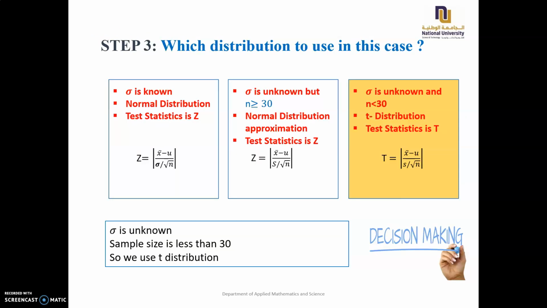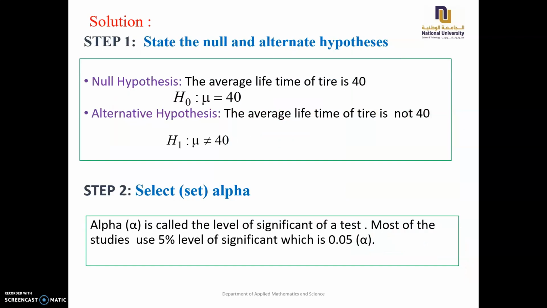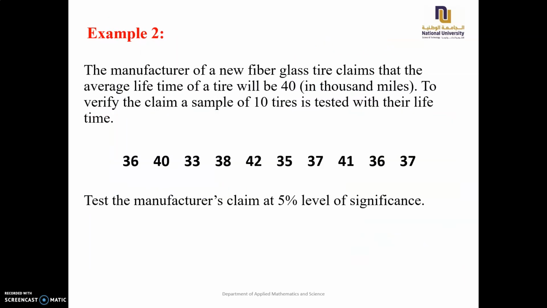Step 3, you have to decide which distribution this problem follows. As you see, nowhere is the population standard deviation mentioned, so your population standard deviation is unknown. It's only given to you the population mean, which is 40, which you need to test. Nowhere else is the population standard deviation mentioned.